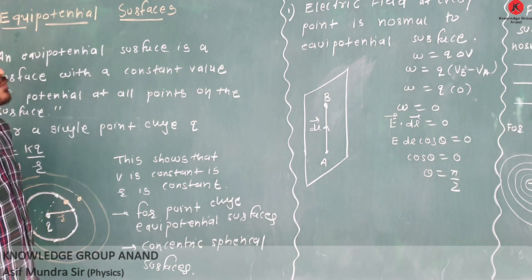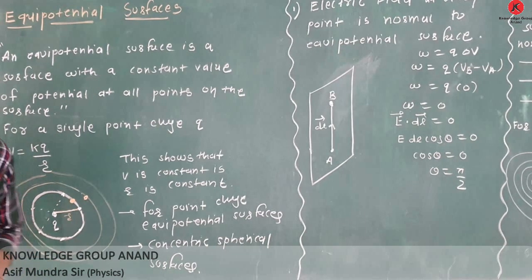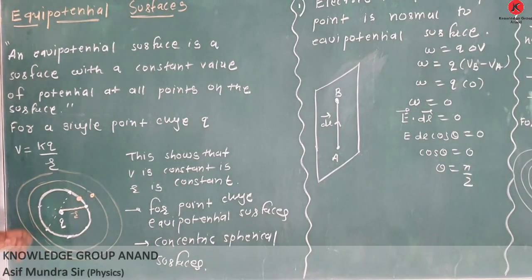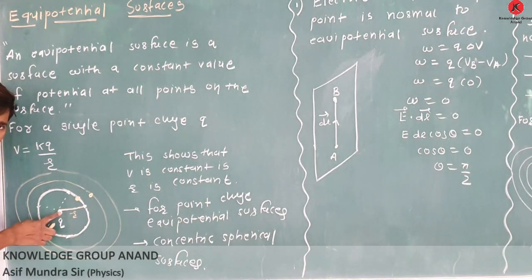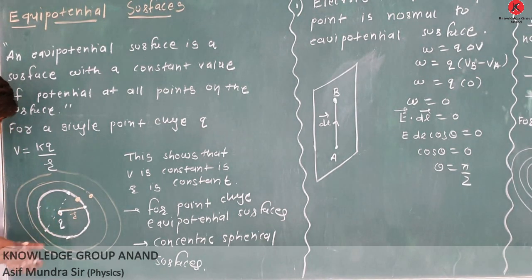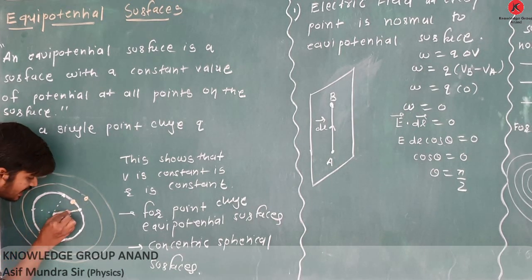Now you have to remember one point about equipotential surfaces, and it is very clear: electric field at every point is normal to the equipotential surface. See, in this figure we can also derive it. Due to a positive point charge, electric field is radially outside. So I am drawing the electric field, radially outside.